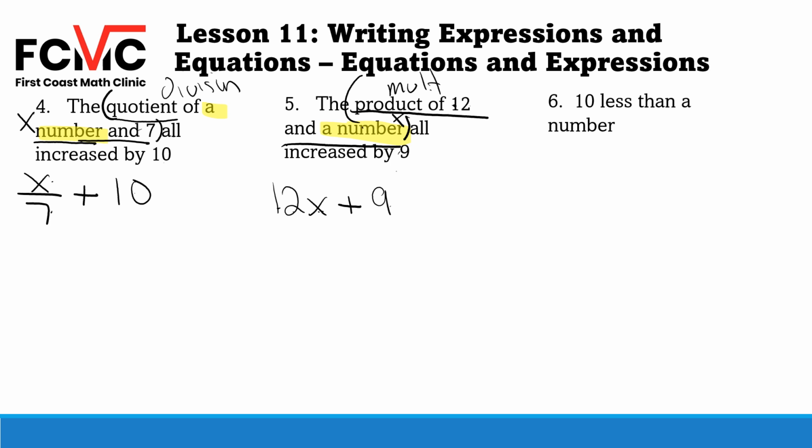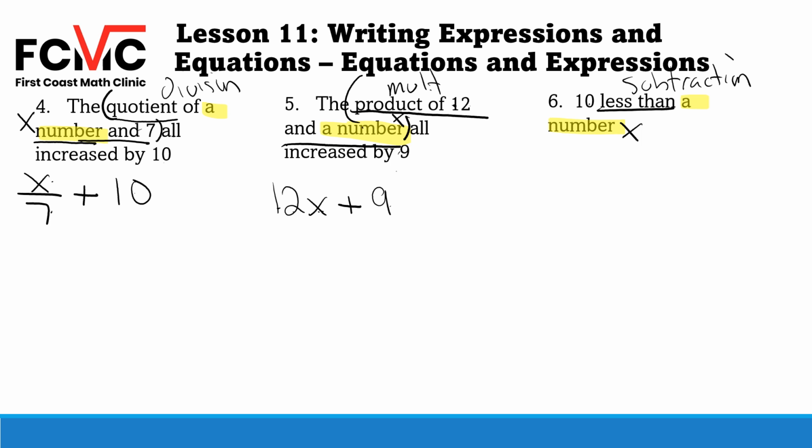And number 6 can be a little bit tricky. 10 less than a number. So a number is x. And when we see less than, we know it's subtraction, but order matters for subtraction.